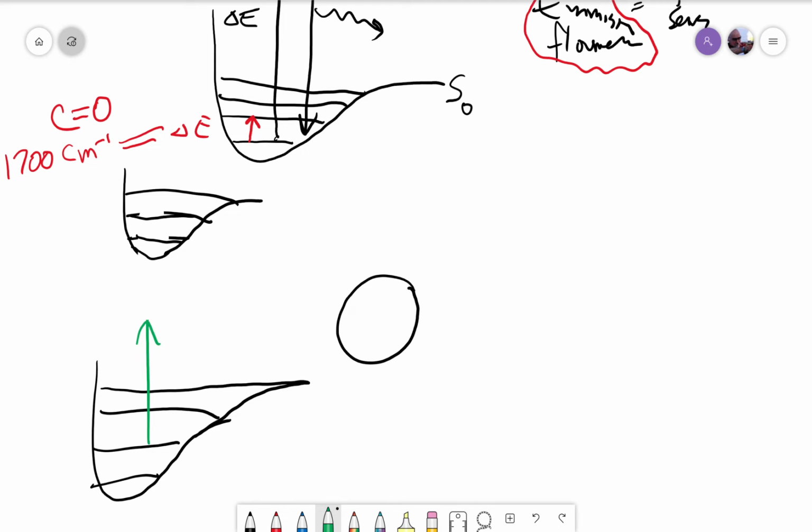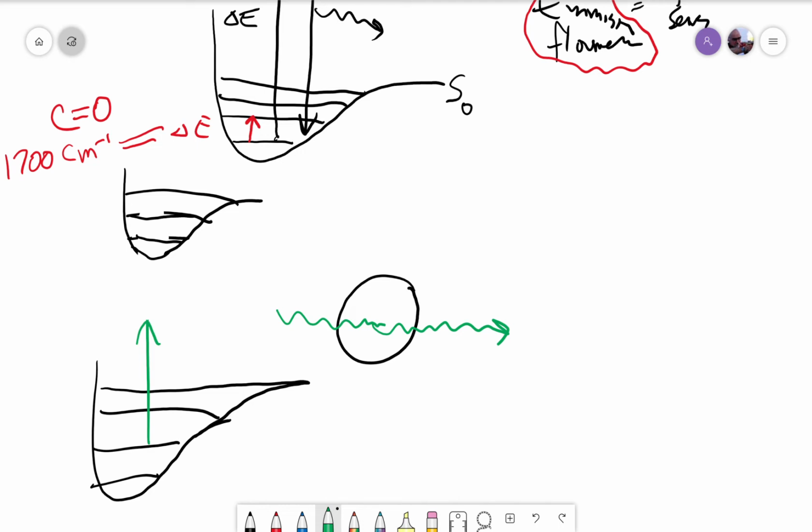Well, we've already talked about the fact that non-resonant photons will interact with the molecule, but there will be no net absorption over time, so the photon is not absorbed. That energy is not absorbed by the molecule, so it appears to just keep going straight on through.